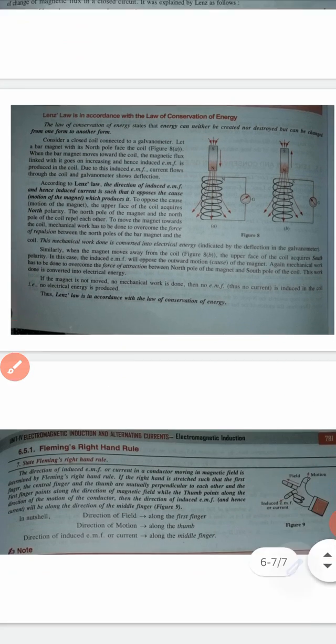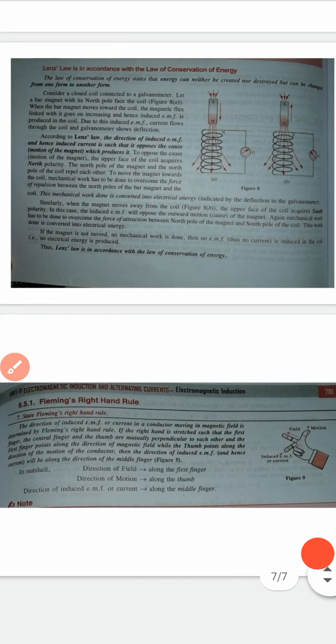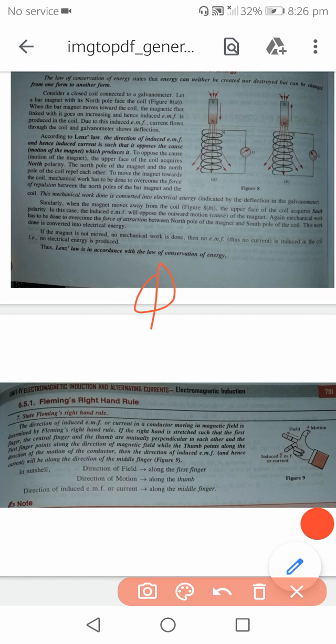Then in this chapter generally, the current that we are discussing is induced current, which means it is not directly coming from a battery, but it is generated due to change in flux, change in phi. Okay, so for induced current, the rule that we use is Fleming's right hand rule.